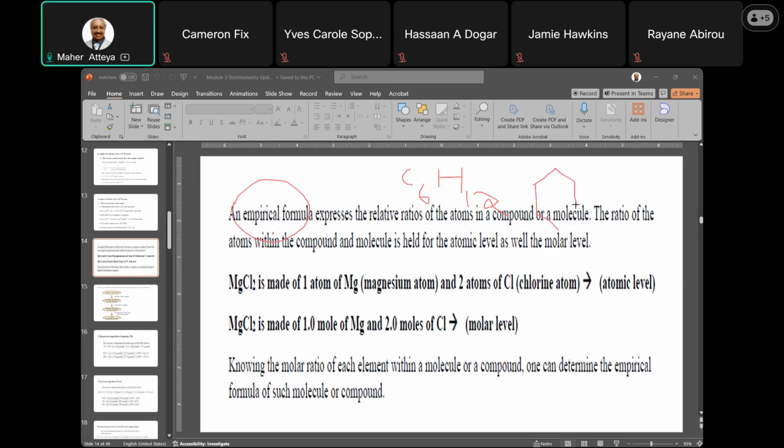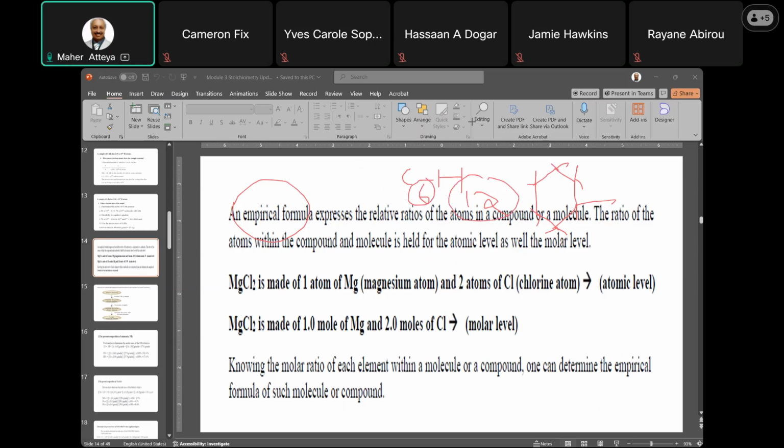All those hydrogens are sticking out here. Anyway, you have 12 hydrogens and 6 carbons. Now this is a true ratio, 6 to 12. This we call the molecular formula.